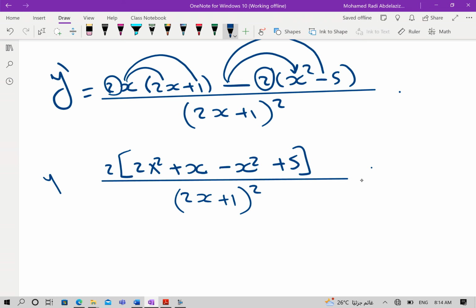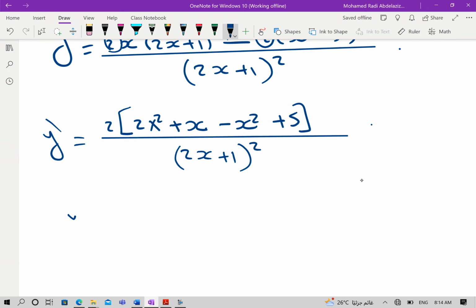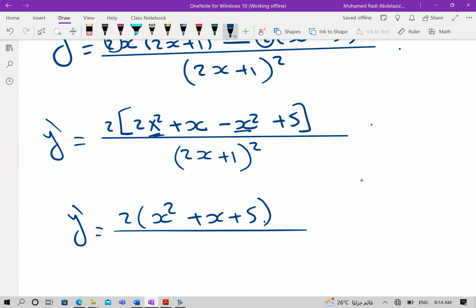This is y dash. Simplify: y dash equals the fraction 2x squared minus x squared, which is only x squared, plus x plus 5, divided by 2x plus 1, the whole squared.